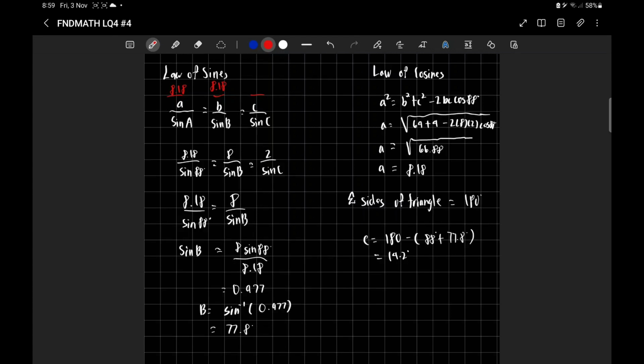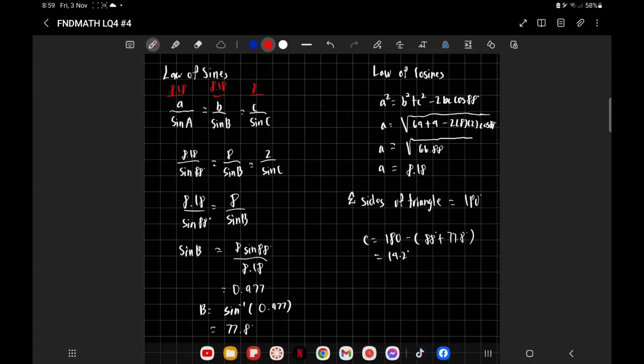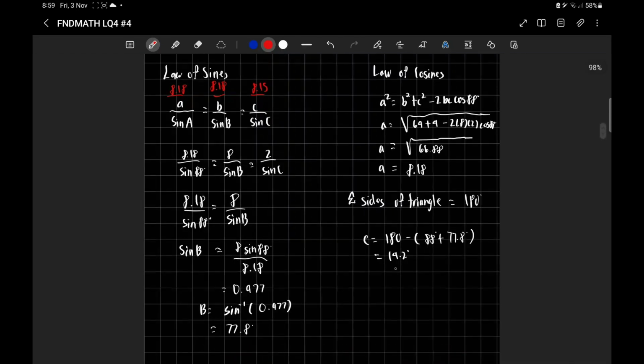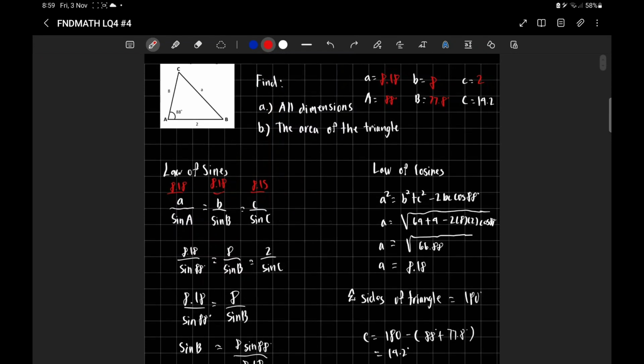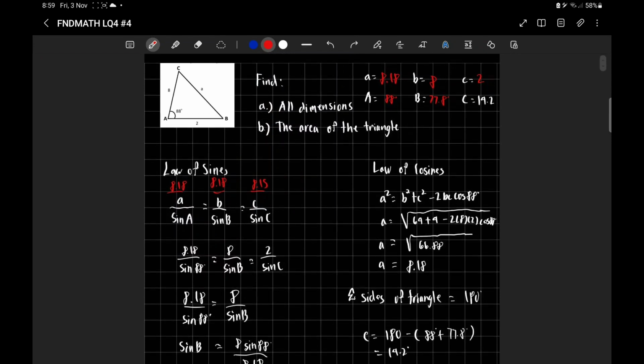So just a little bit of minor error. If we retained some of the decimals here, and perhaps I missed a few of them, it's still near 8.18. But that doesn't change the fact that these all equate. The ratio of all the sides over their corresponding angles still equate to each other.